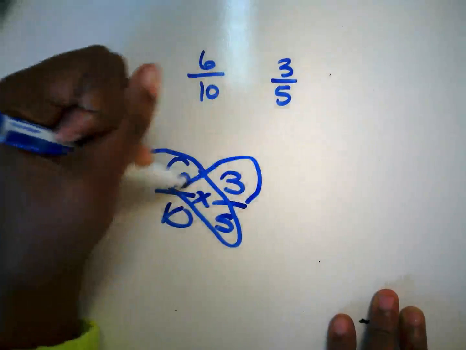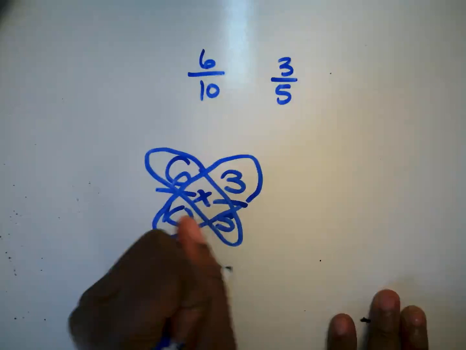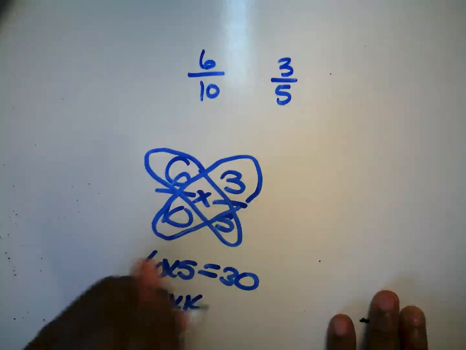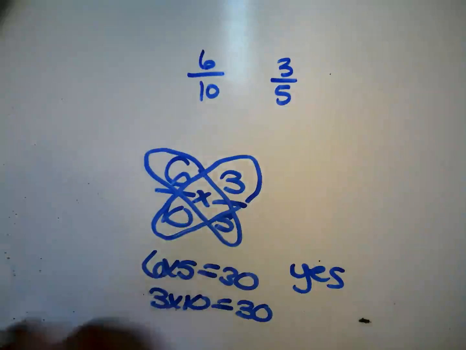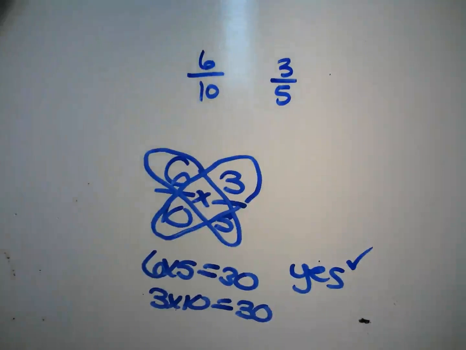So 6 times 5 equals 30, and 3 times 10 equals 30. So yes, this is a proportion. You got it. Beautiful. And you used the perfect words. When she did it, she got the same product when she cross multiplied. So she knows it's a proportion.